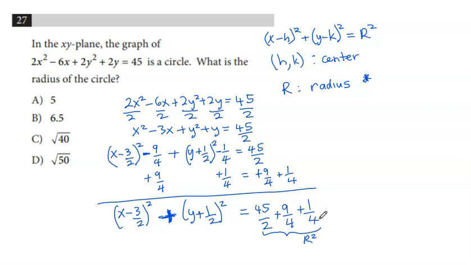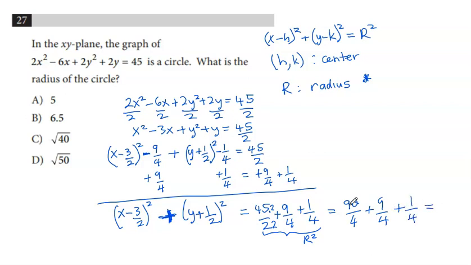So let's try and solve this fraction, right? What you can do to establish the common denominator is multiply the numerator and denominator of the first fraction by 2. So that will become 90 over 4 plus 9 over 4 plus 1/4.